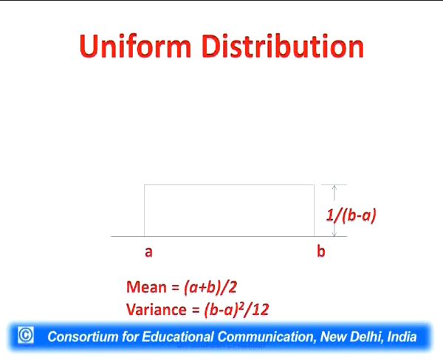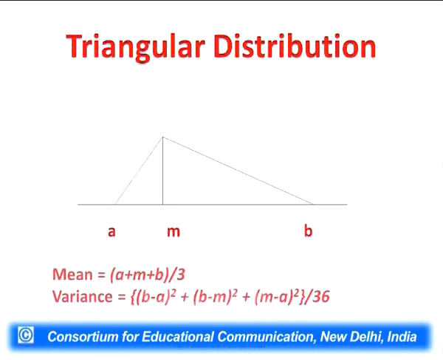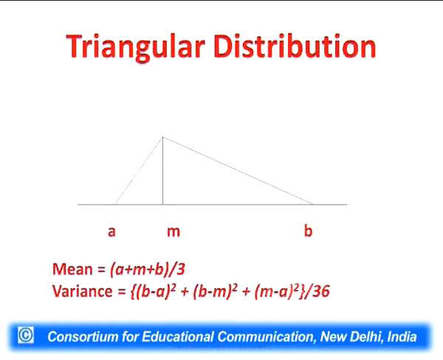So mean is (a + b)/2, variance is (b - a)^2/12. Triangular is shown here, a and b are 2 values, middle value is m. Mean is (a + m + b)/3, variance is ((b - a)^2 + (b - m)^2 + (m - a)^2)/36.